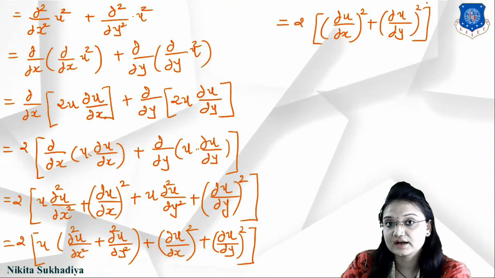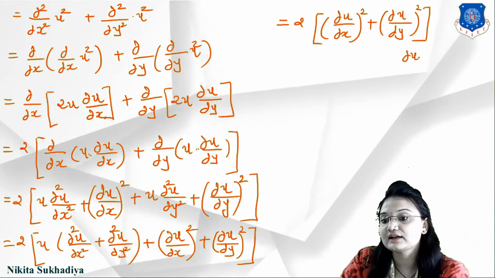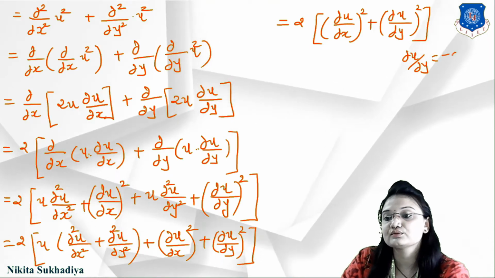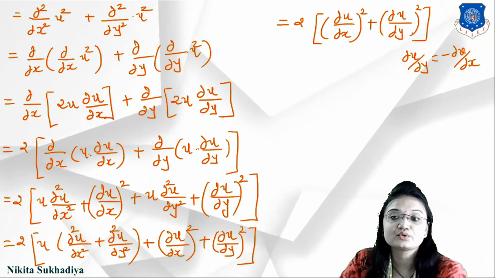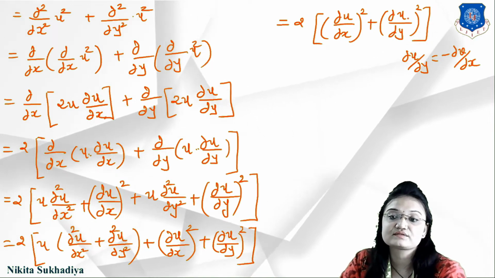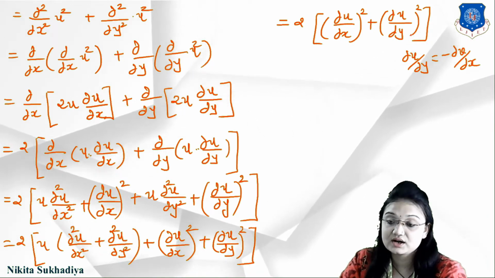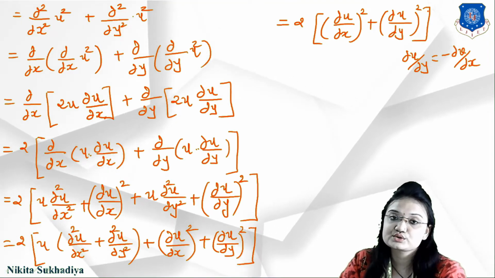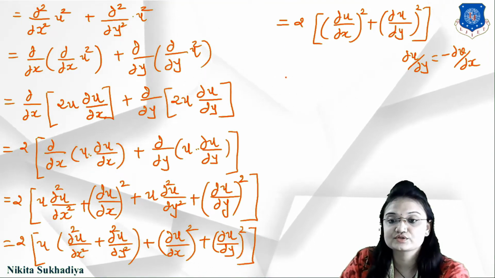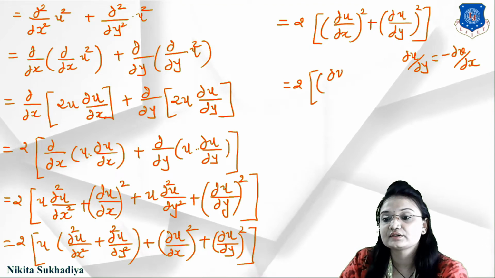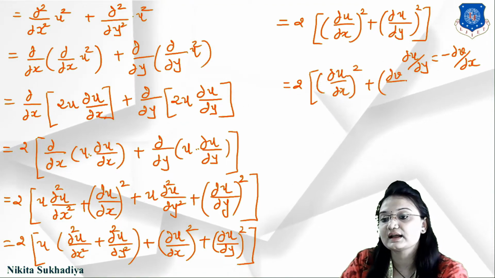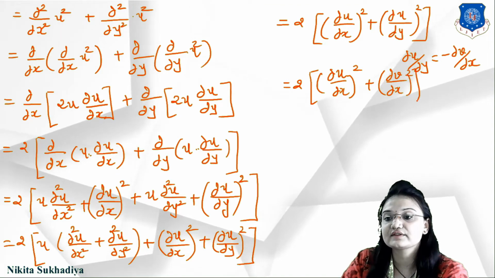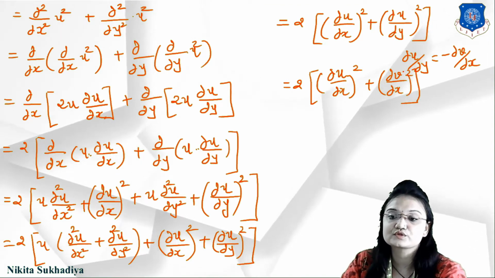But we know that according to the CR equation, del u by del y is equal to minus del v by del x. So we can put here del u by del y is equal to minus del v by del x. Whole raised to square will always become positive. So this is nothing but del u by del x whole raised to square plus del v by del x whole raised to square, we can write like this because it will become positive.